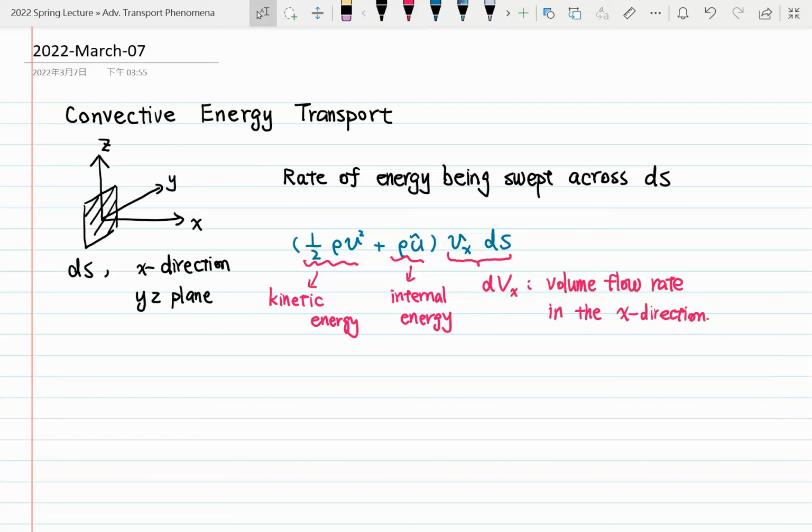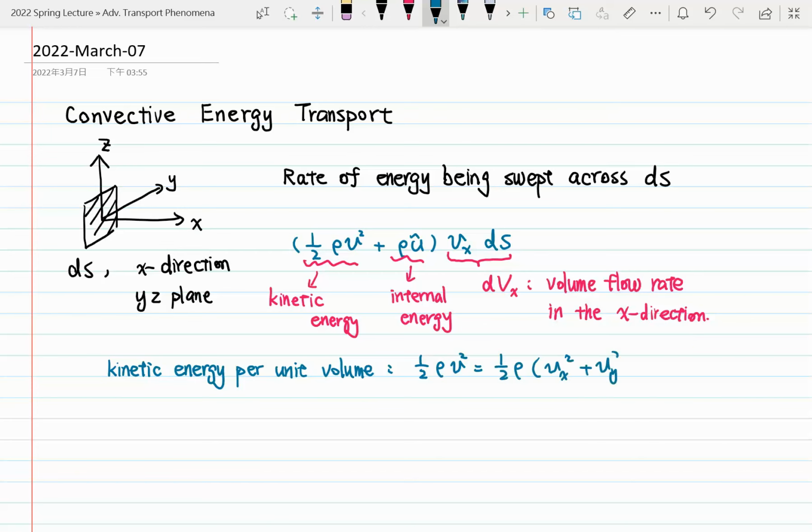Okay, so if we look at it term by term again, the kinetic energy, and this is actually per unit volume, is 1/2 rho v squared, which equals 1/2 rho (vx squared plus vy squared plus vz squared).